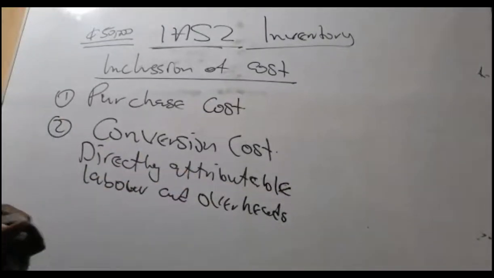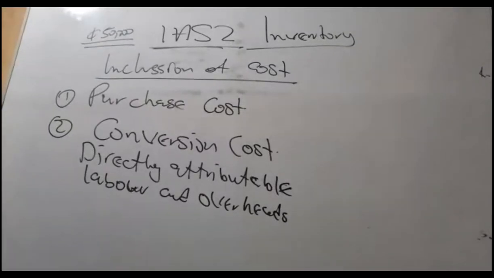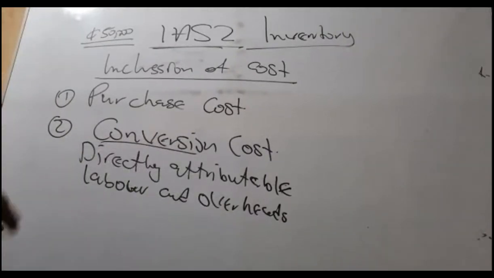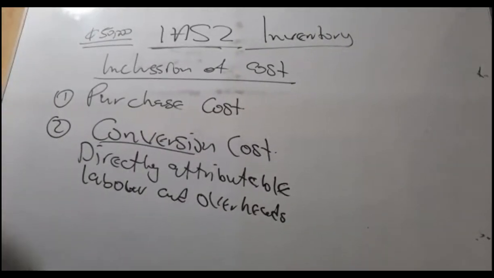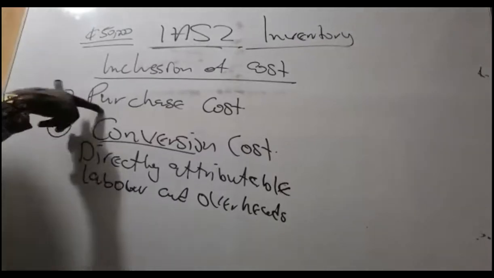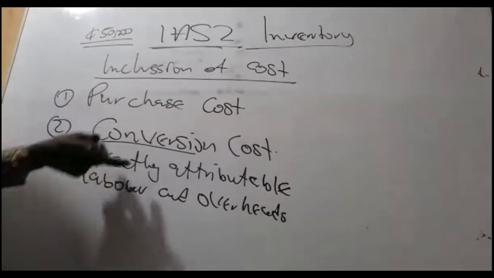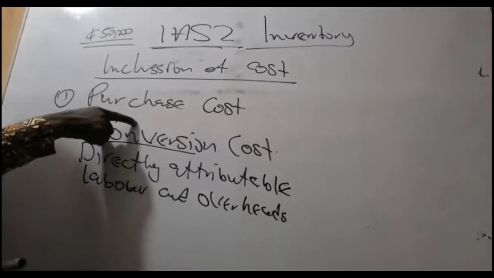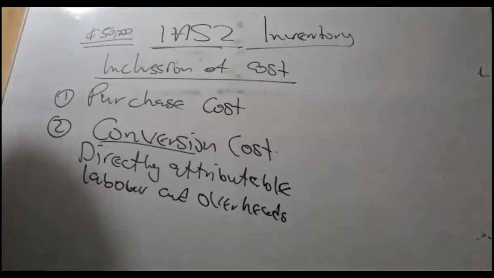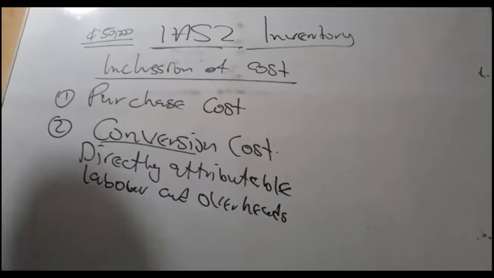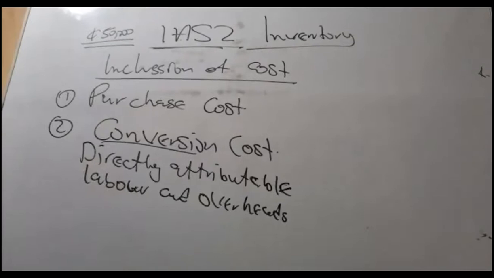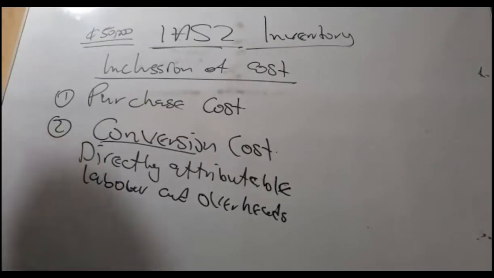cost. Good. Now we are saying, in fact, conversion costs, as learned in management accounting, are the cost that you incur when you convert the raw material that you purchase into finished goods. So that's the production cost. Directly attributable production cost, which includes the direct labor and direct overheads.